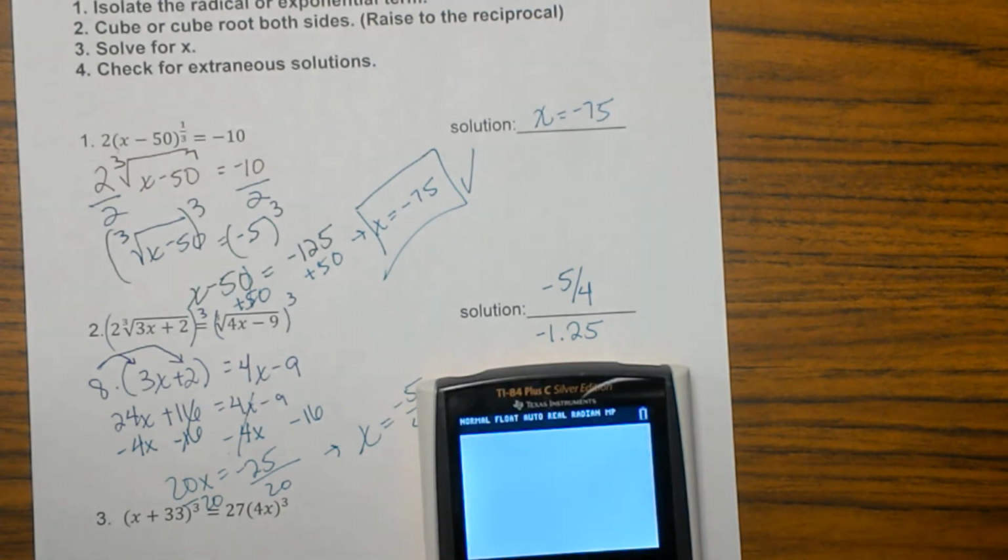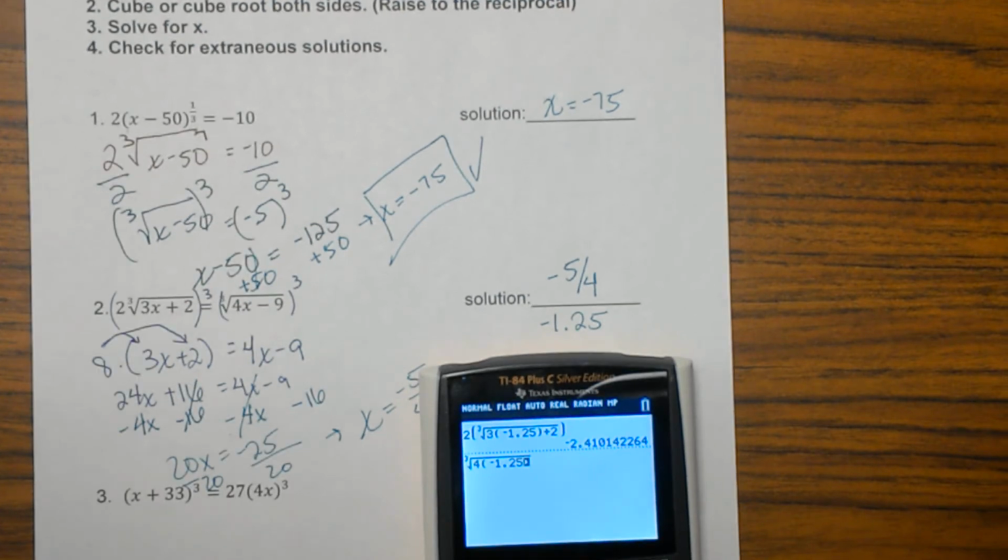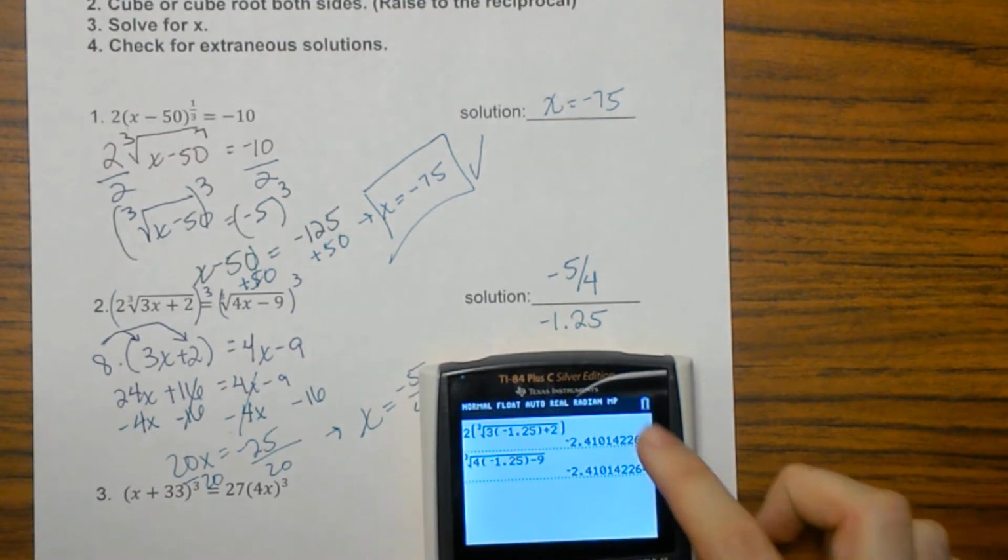So again, I'm going to check it. 2 math 4. I'm going to type it in as a decimal. That gives me that. So for the other side, math 4, 4 times -1.25 minus, oops, let me close my parentheses, minus 9. So I get the same response.